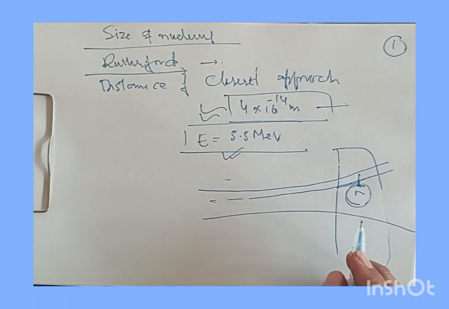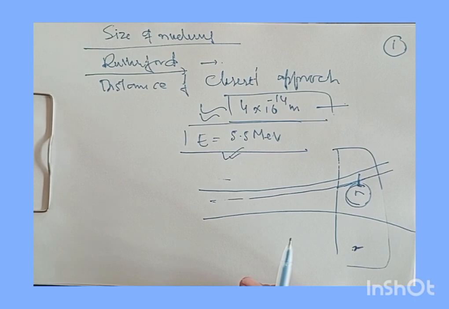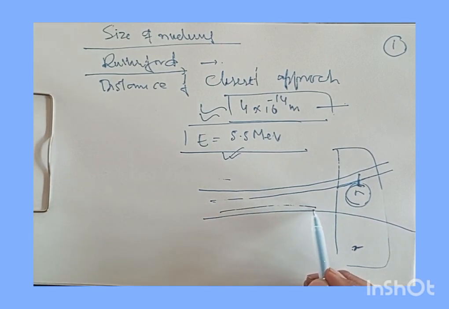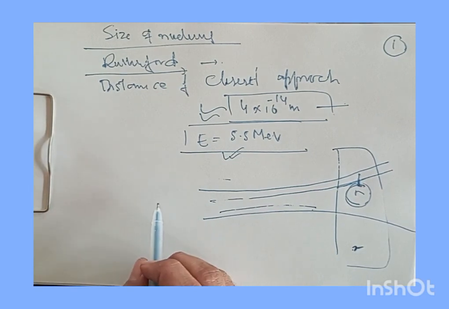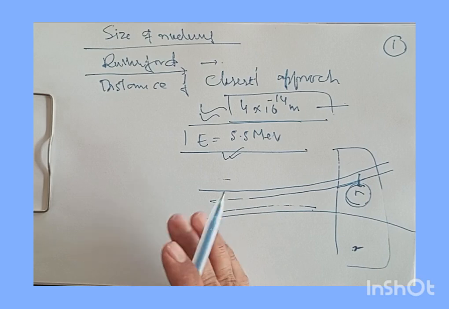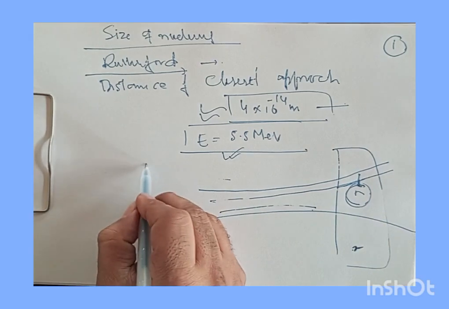When this experiment was carried out using electrons instead of alpha particles for the scattering experiment, the nucleus size was found to be linear with the mass number A, as I talked about.